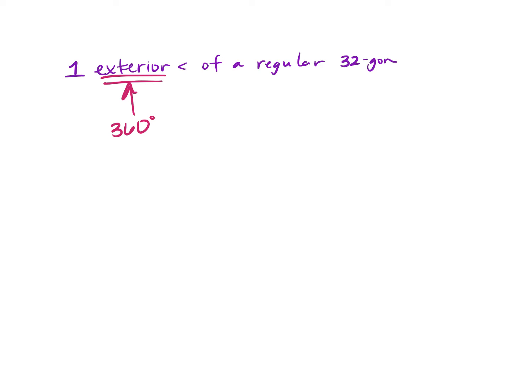So the exterior angles will always add up to 360, which means if it is a regular 32-gon, because it's regular, all of your exterior angles are congruent. So we're just going to go 360 divided by 32, because it's got 32 sides.